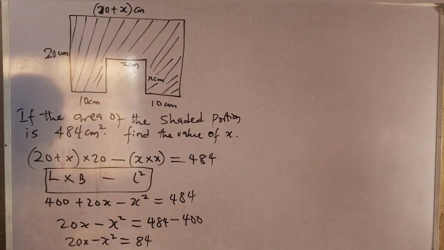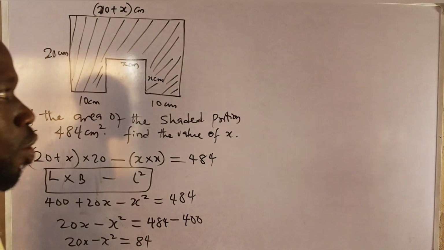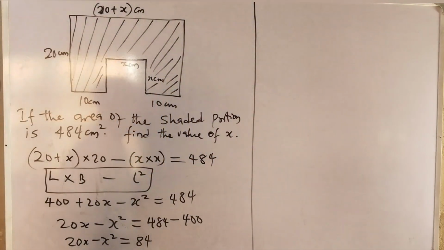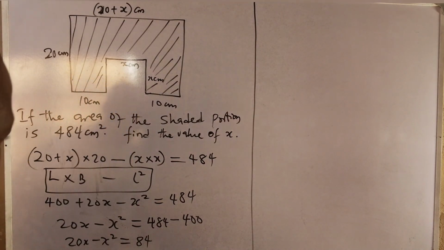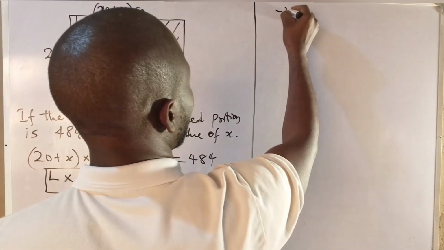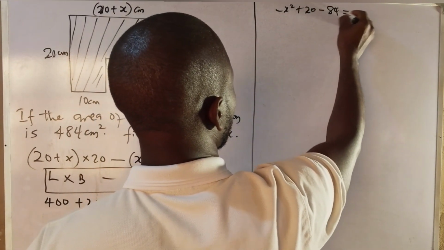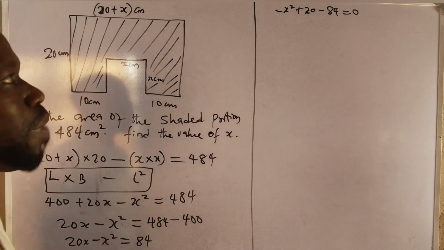All right. So this is already giving us a quadratic equation. And now that we're having a quadratic equation, we are going to solve it using either the formula method, the completing the square method, or the factorization method. If we use the formula method, this will give us minus x squared plus 20x minus 84 is equal to 0.